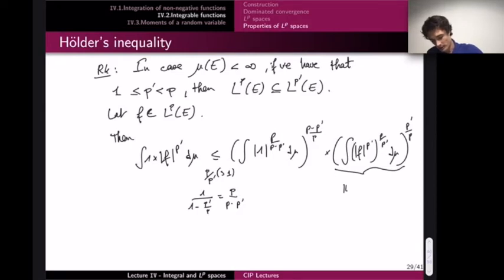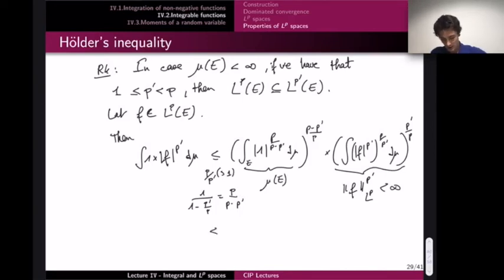So it's the LP norm of f to the power p prime, but this is finite anyway. And here, this quantity inside the parenthesis is equal to the integral of 1 d mu, which is mu of E by definition. This is an integral over E, so it's mu of E.